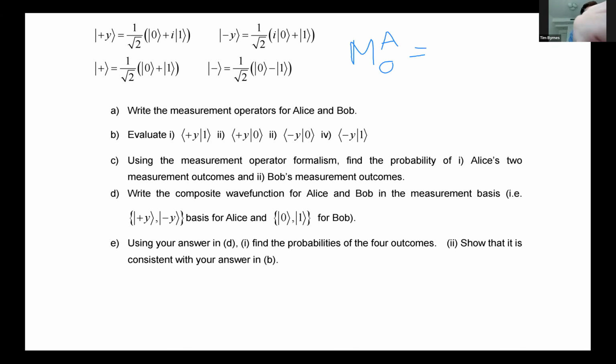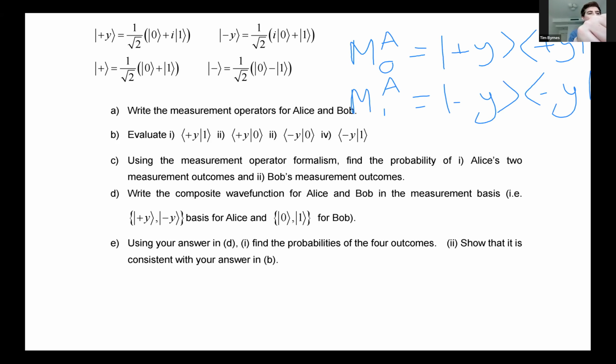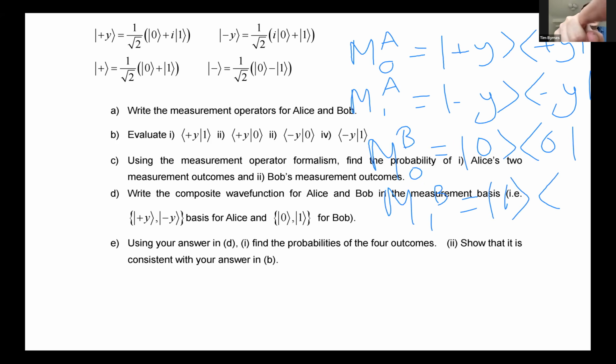So we can call the first one plus Y, and the second one minus Y. And then Bob is just 0 and 1. So more or less just definition.